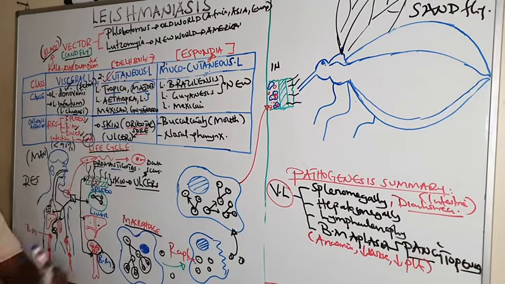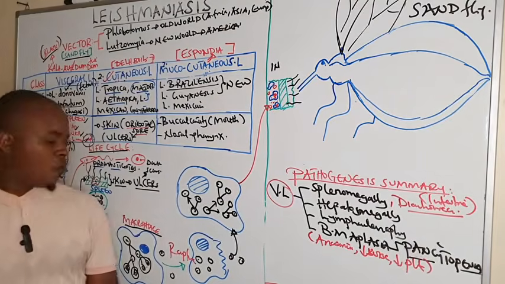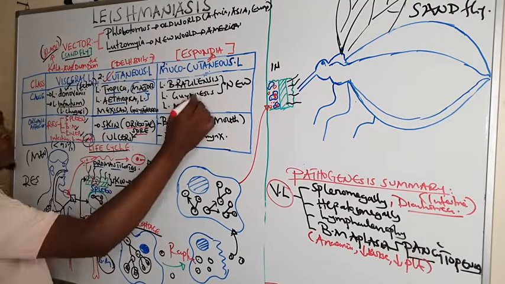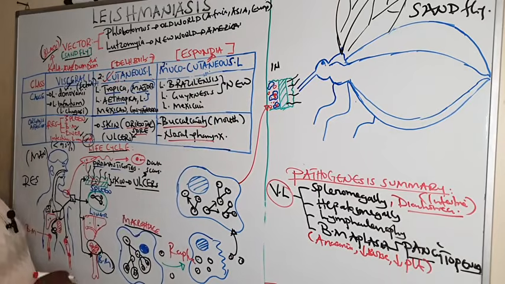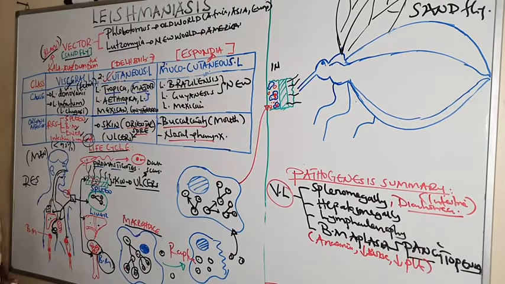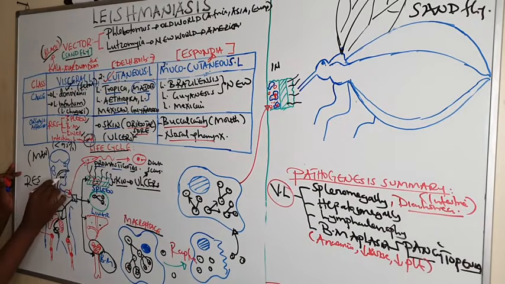Then what about muco-cutaneous? With muco-cutaneous, we said they affect the mouth parts and the nose and the respiratory part, that is the nasal cavity. So we are going to see the macrophages within the buccal cavity affected. So it is going to affect the buccal cavity, the nasal cavity, and the pharyngeal cavity.